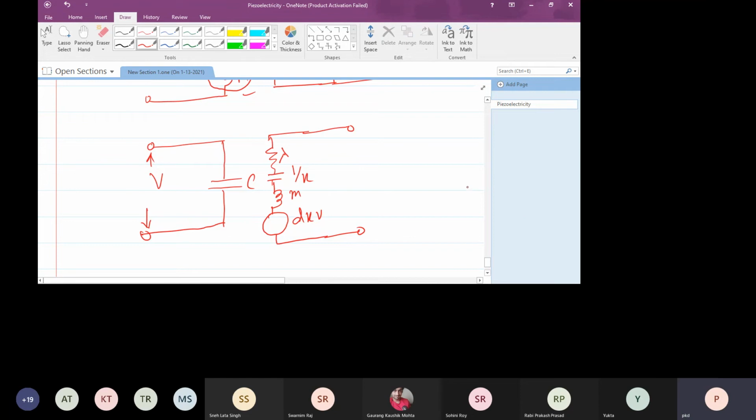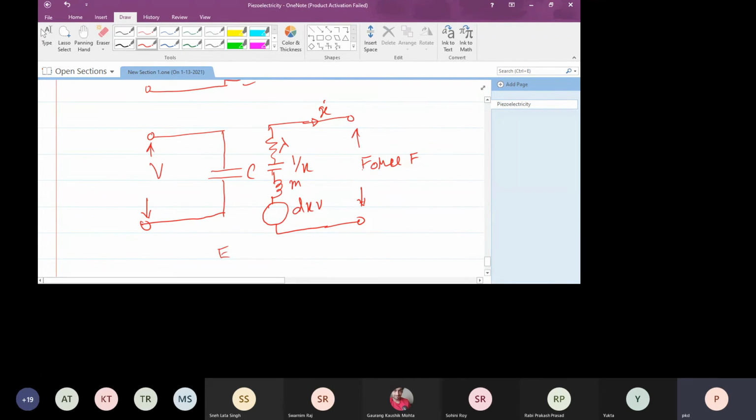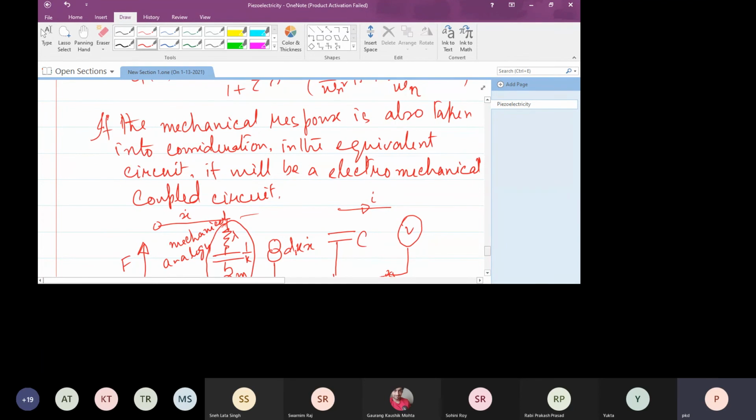So this side we have x dot and then resultant force F. So this is basically the equivalent transmitter. And the other one is equivalent.